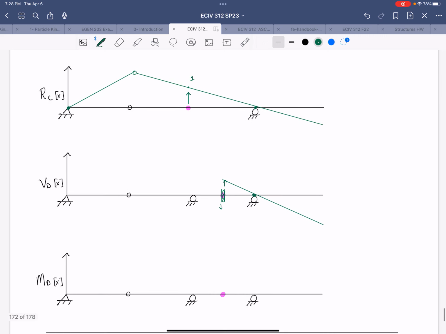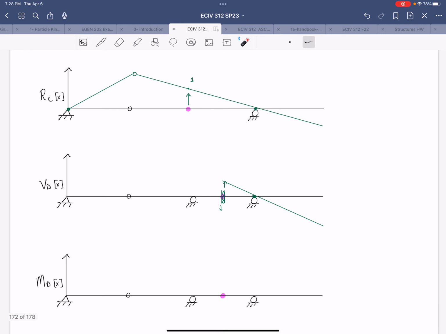And then from the other side of the cut, right, we have 0 at the support, and then we have a hinge right after that. So we're going to have another straight line.